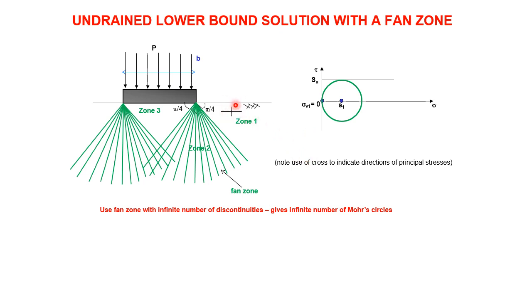Note the use of the cross notation. So that's sigma 3, that's sigma 1. The pole in zone 1, now remember the vertical stress is 0 and it's acting on a horizontal plane. So from the pole we should be able to draw a horizontal line and we get to the vertical stress. So from the vertical stress, draw a horizontal line, we'll get to the pole.